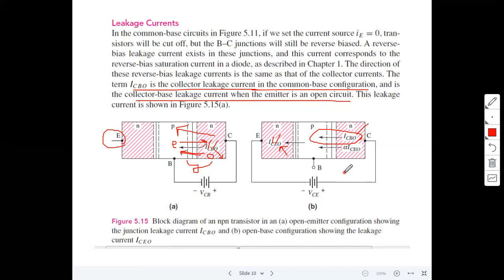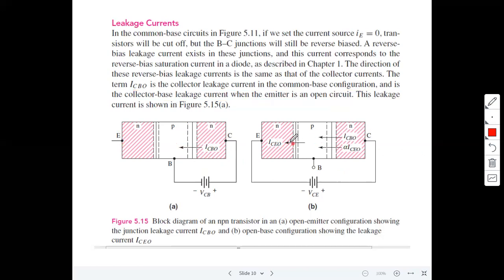Here there are two types of leakage currents. One is ICBO and the second one is ICEO. Remember again, ICEO is the leakage current from collector to emitter. During this traveling, ICBO is also added.